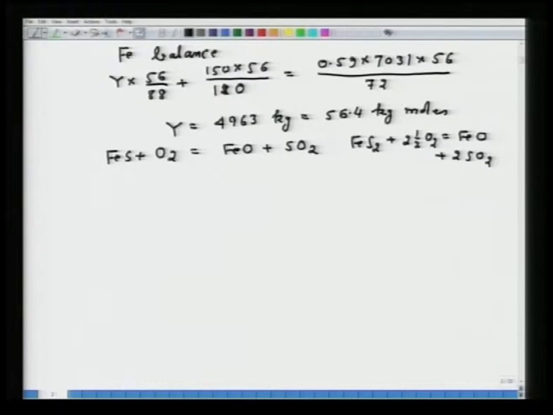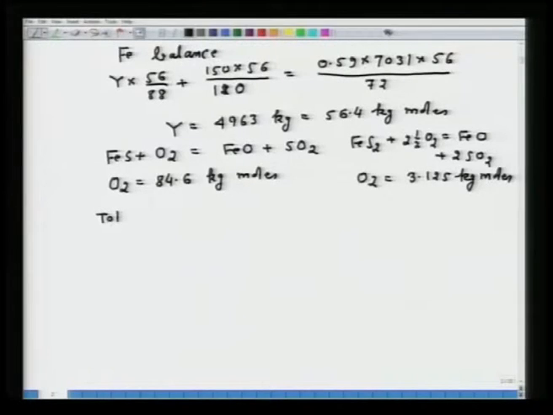So, we have to calculate both. Here the O2 required for FeS to FeO will be 84.6 kg moles, and for FeS2 the O2 required will be 3.125 kg moles, because matte contains FeS and flux contains FeS2, and that is why you have to do separate calculations.